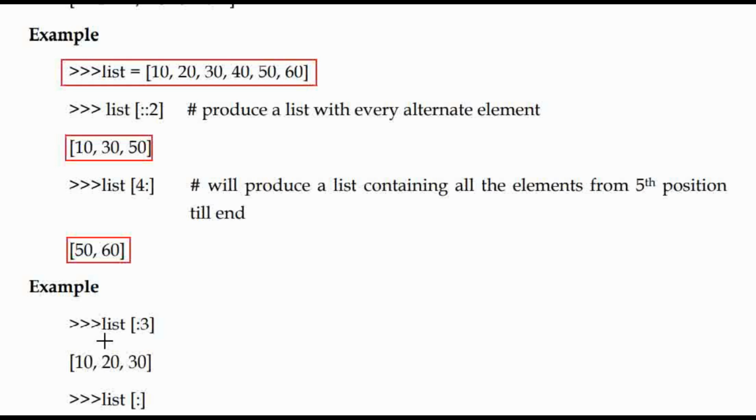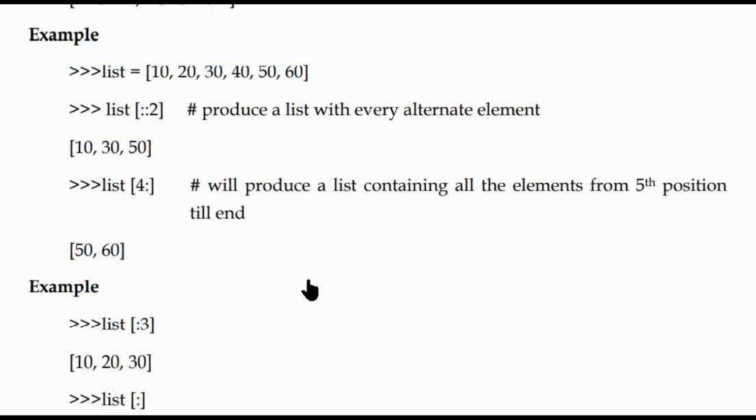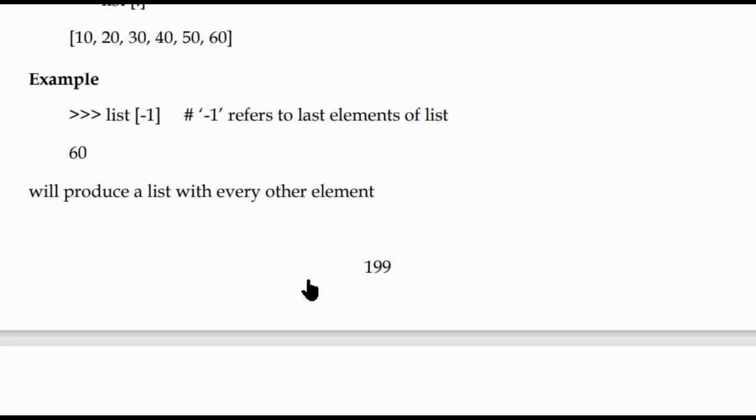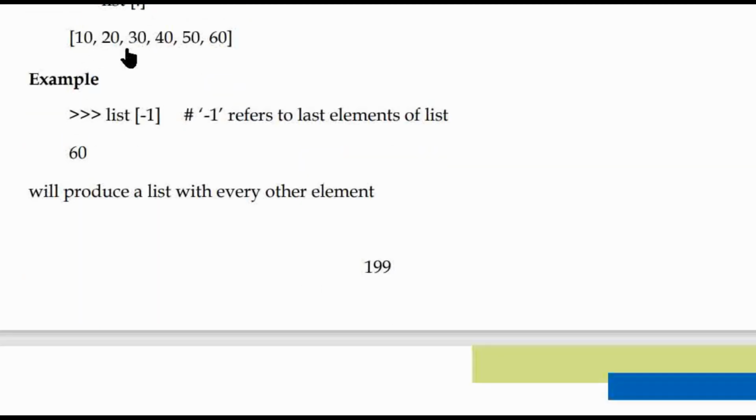Example L[:3]: 10, 20, 30. Example L[-1]: -1 refers to the last element of the list, 60. L[::2] will produce a list with every other element.